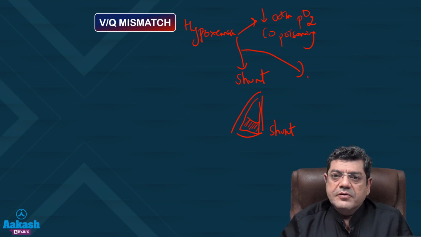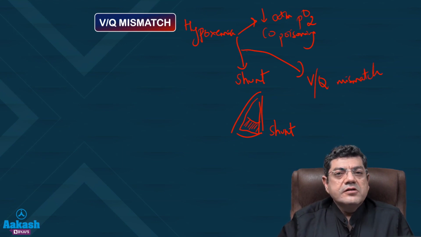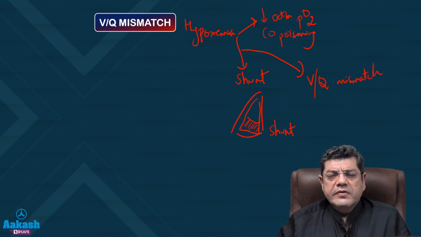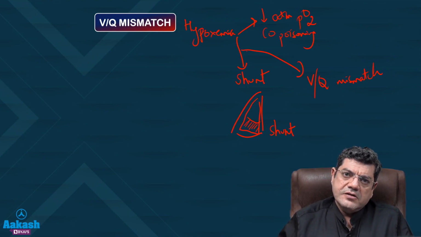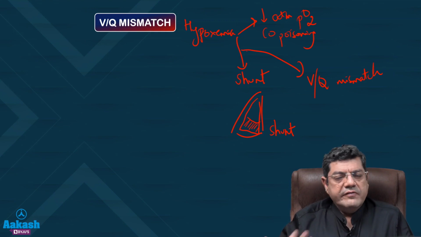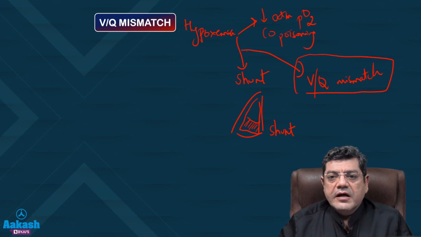Another mechanism of hypoxemia is a ventilation perfusion mismatch. So there are parts of the lung which are being ventilated well but not perfused well, and vice versa. There's parts of the lung which are being perfused well but not ventilated well. Now this is the kind of abnormality that's primarily responsible for hypoxemia in COPD.